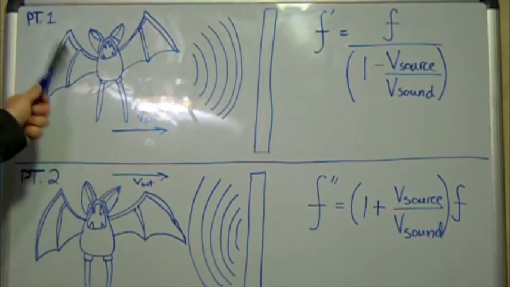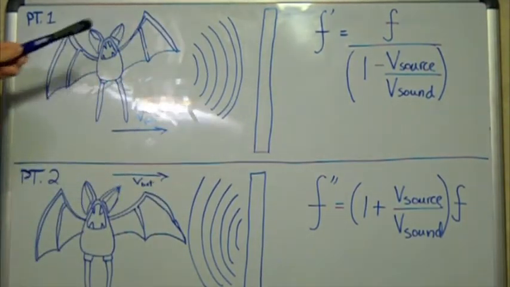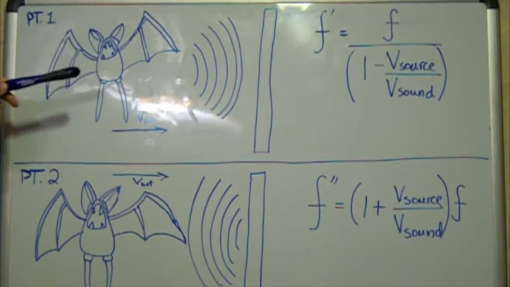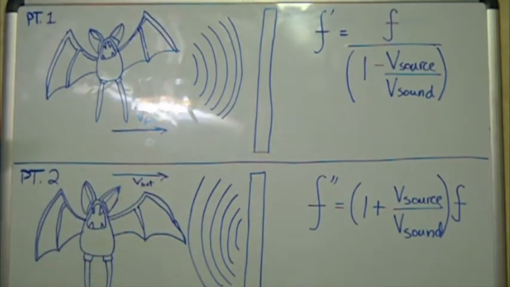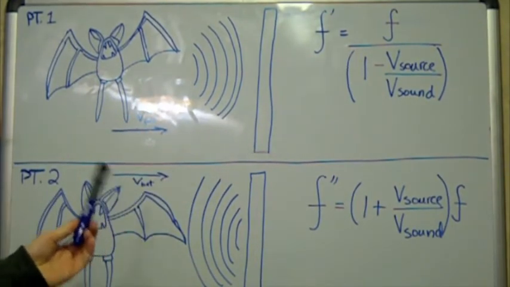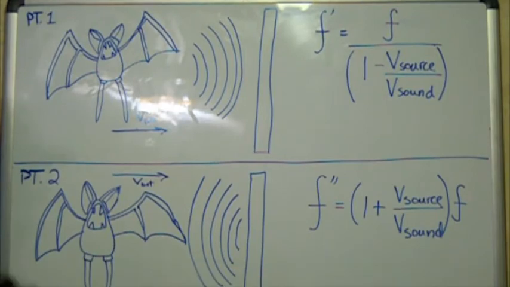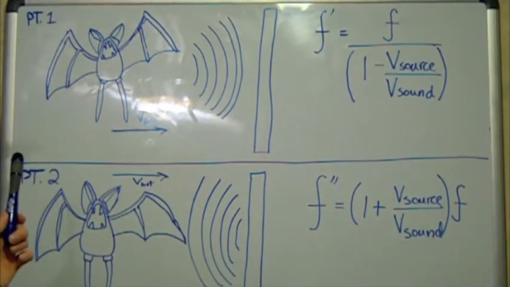Note that the bat is always flying towards the wall. The bat is never flying away from the wall. However, the sound wave does go towards the wall and then eventually reflects back to the bat. I'm going to move on to the next slide and show you how this example plays out.